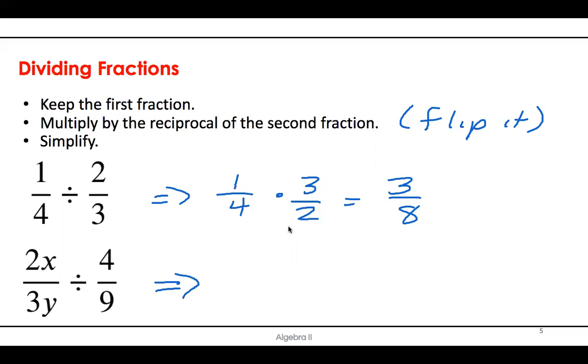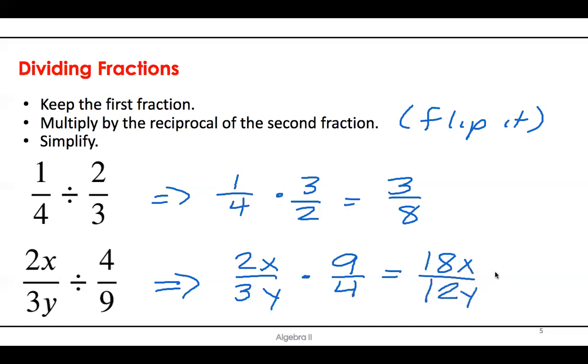So let's try it again. Keep the first fraction, 2x over 3y. Then multiply by the reciprocal of the second fraction, which is going to be 9/4. So 2x times 9 is 18x. 3y times 4 gives me 12y. Can this be simplified?